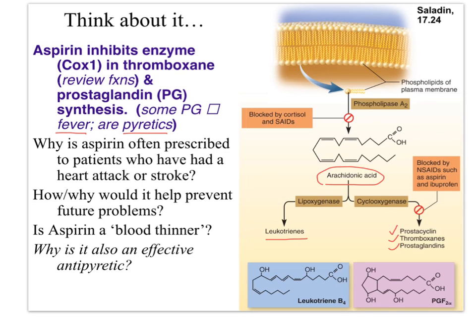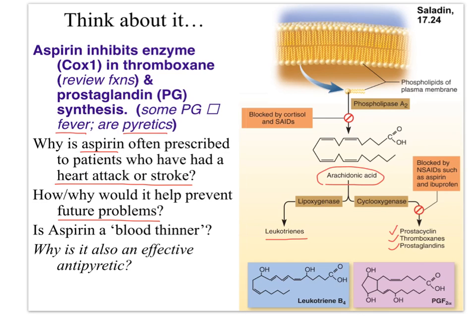So think about why we prescribe aspirin to patients who have had a heart attack or stroke. Think for a second about that. Also think about why it's very prophylactic. It helps prevent future problems. So realize that if we've had a heart attack or a stroke, that means that a clot has inappropriately formed and blocked a key vessel.